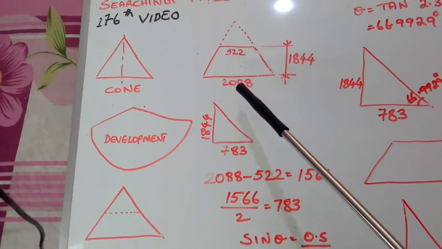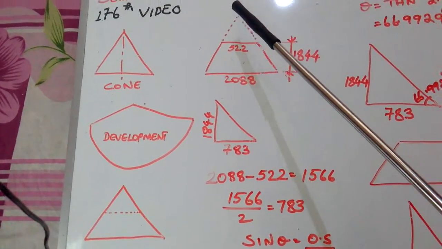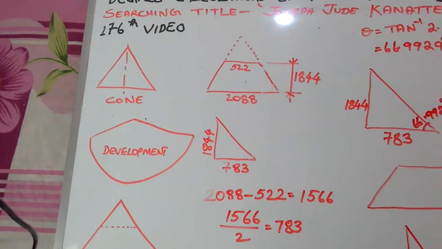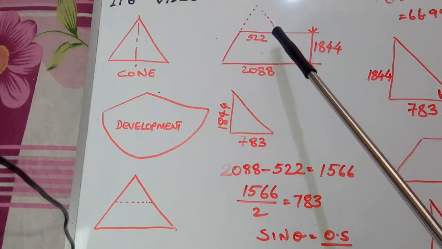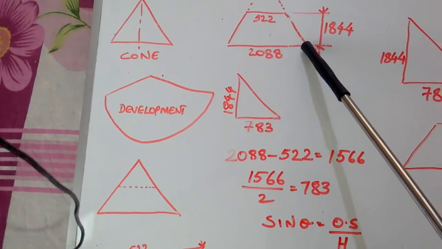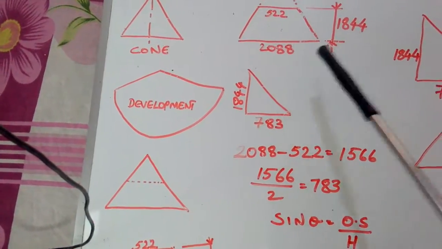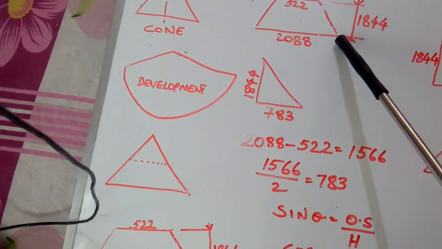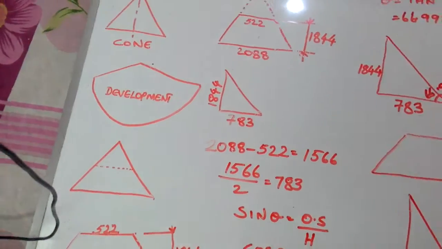If you make a 90-degree line from the proper center, it will reach the center of the corner. That is called a concentric cone. So if we decrease 522 from 2088, we will get the measurement from here to here plus here to here. From these two measurements, one measurement has to be decreased. Then we will get the measurement of this portion only. So 2088 minus 522, we got 1566.